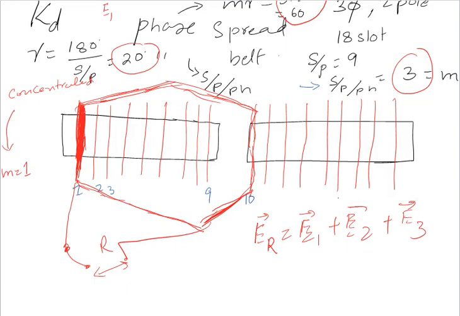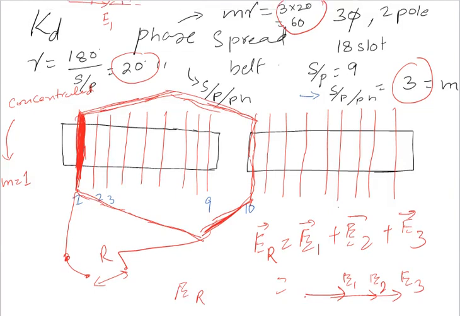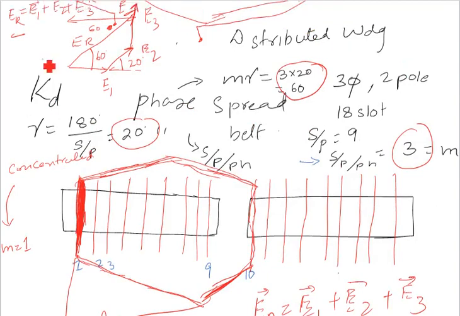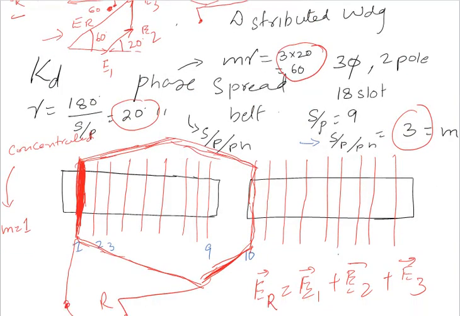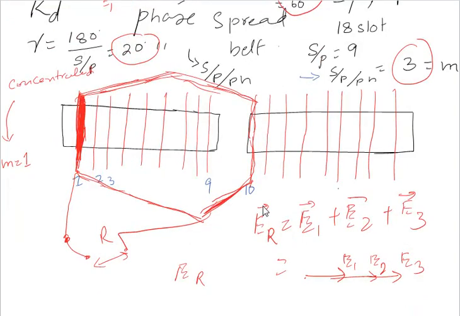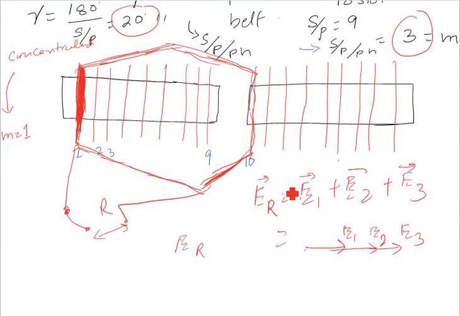All three EMFs have the same phase displacement, so the resultant EMF will be 3 times E. Here in the distributed winding there is a vector addition, but in the concentrated winding you have an arithmetic addition, because everything is in the same phase. That is the difference here.